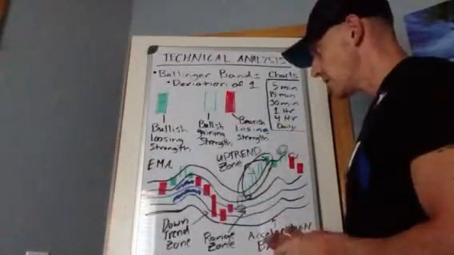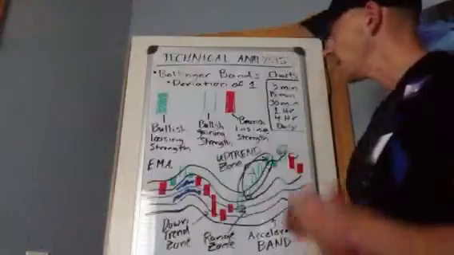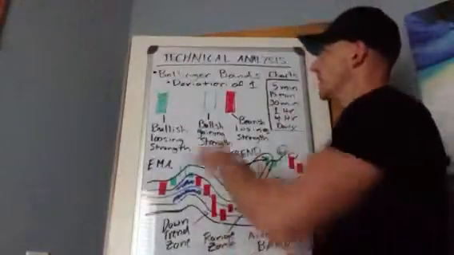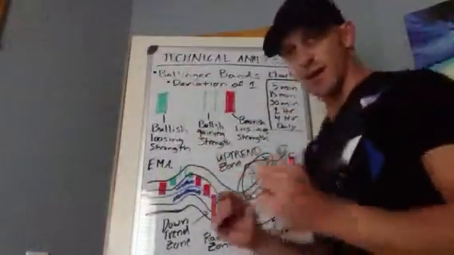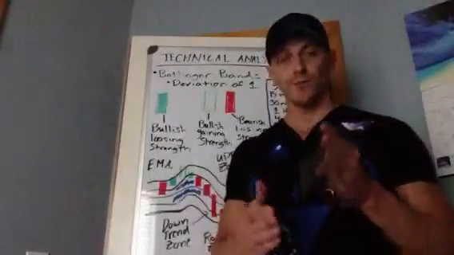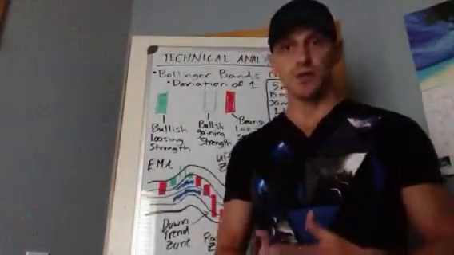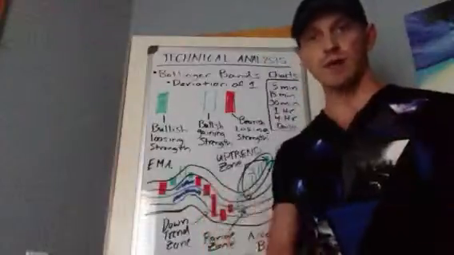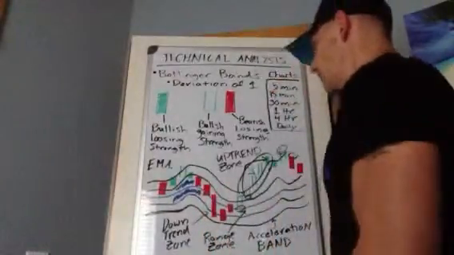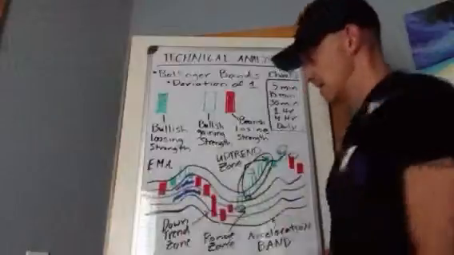Now you're probably wondering, what are these lines in here? I'm going to break those down real quick. We talked about Bollinger Bands. Bollinger Bands, like I said, help you track the uptrends and downtrends on price movement of a stock. Those Bollinger Bands are on the inside.